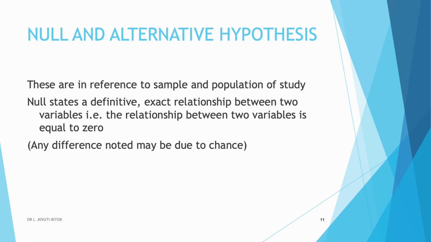Then we have the null and alternative hypothesis. This basically applies in our data analysis, and it is in relation to the sample and population mean. The null hypothesis states a definitive exact relationship between two variables. We could say the relationship between two variables is equal to 0, or any difference noted may be due to chance.